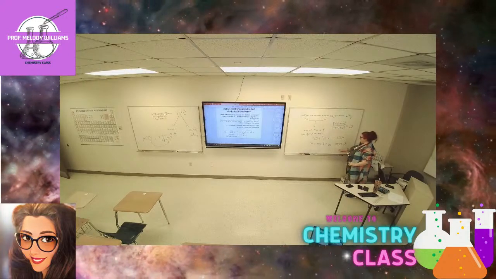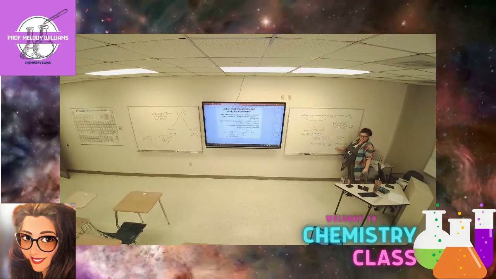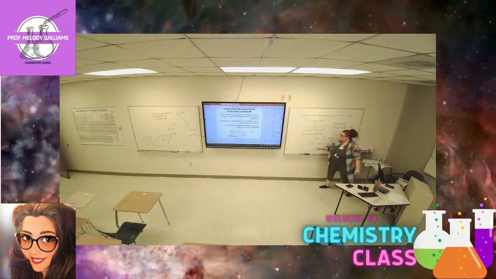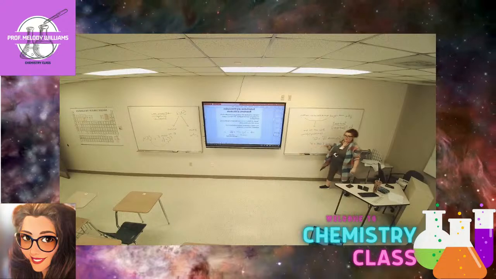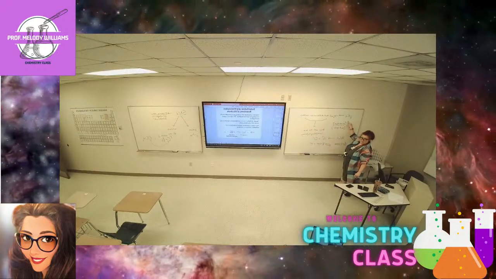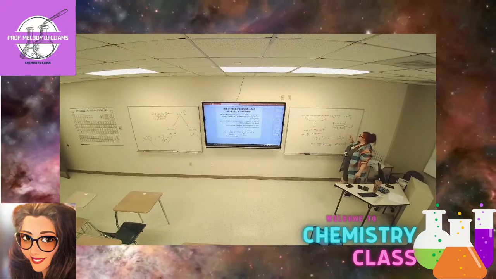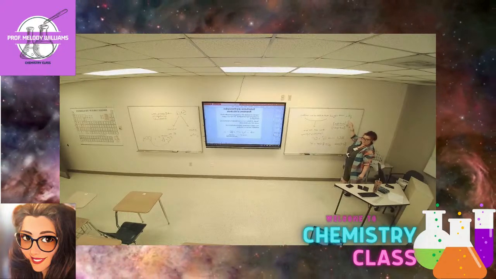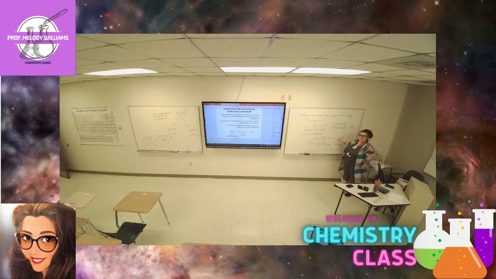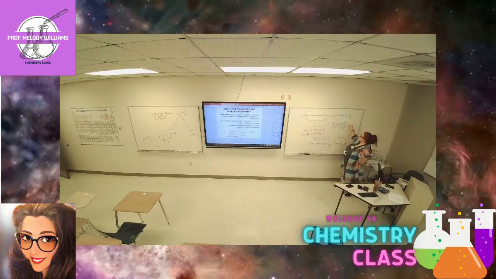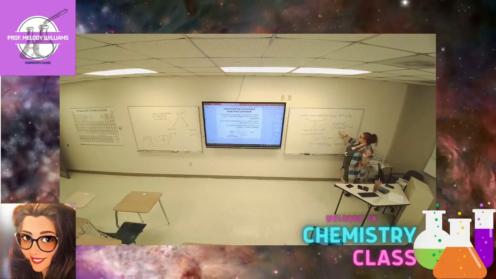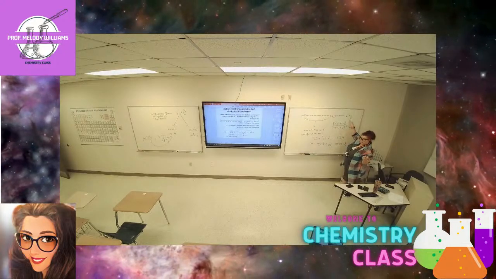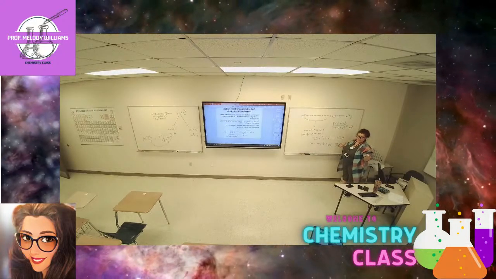So we take how much of this there is in our solution, that number goes here. And we take how much of this we have in the solution, and that number goes up here. So if we have a whole lot of stuff that's apart and just very little that's together, that's a big Ka, right? If this number's big and this one's small, that's a big Ka. If this number's small and this one is big, that's a small Ka.